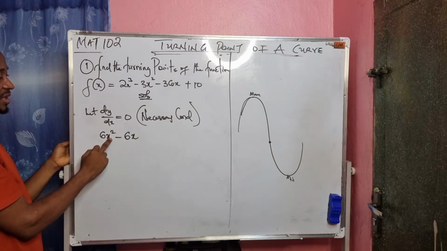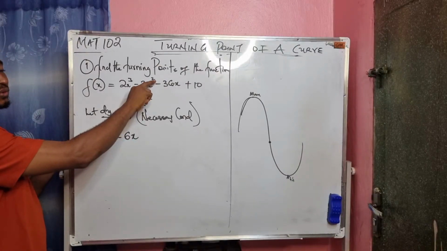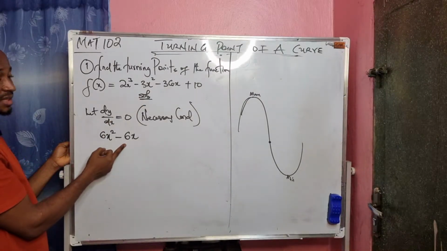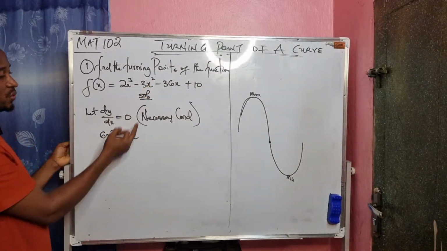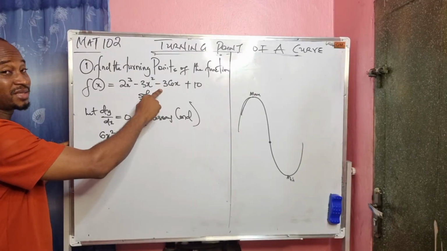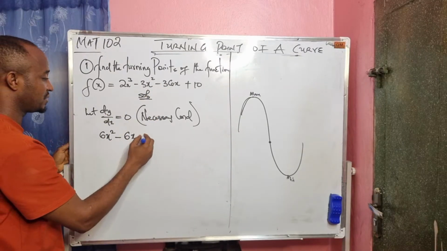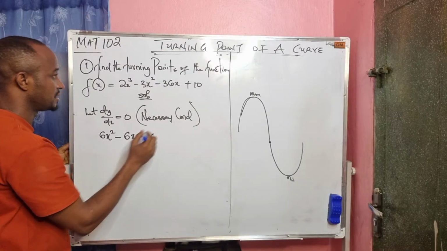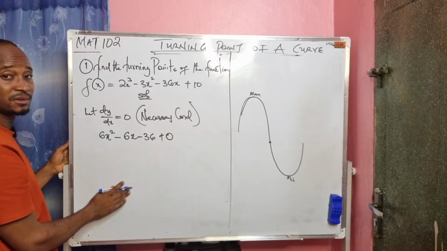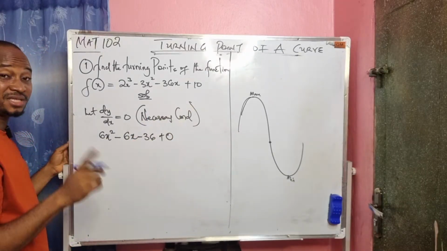So 3 times 2 is 6, and the rule says subtract 1, so we have squared. The power is 2, so 2 times minus 3 is minus 6, and when you subtract 1 from 2, we have 1. When you differentiate minus 36x, I'm going to have minus 36. Differentiating 10 gives 0, because every constant has a derivative of 0.